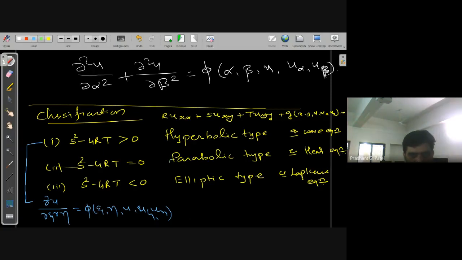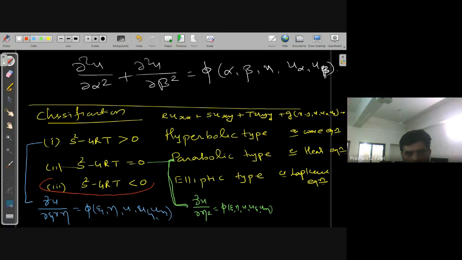The second one is if it is a parabolic type. Then the canonical form is of this form: del square u by del eta square is equal to phi of xi, eta, u xi, u eta. And the third one is of elliptic type.